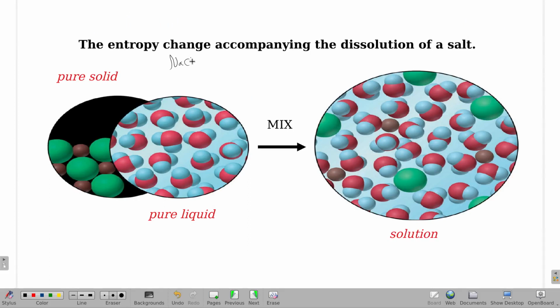I have sodium chloride as a solid. It's limited in its motion to just those vibrations because it's stuck in that crystal form. But if I were to dissolve it and actually give individual sodium ions and chloride ions floating around in there, they now have that full area of movement that the liquid provided them. So the sodium and chloride can more spontaneously move around. That's an increase of entropy.